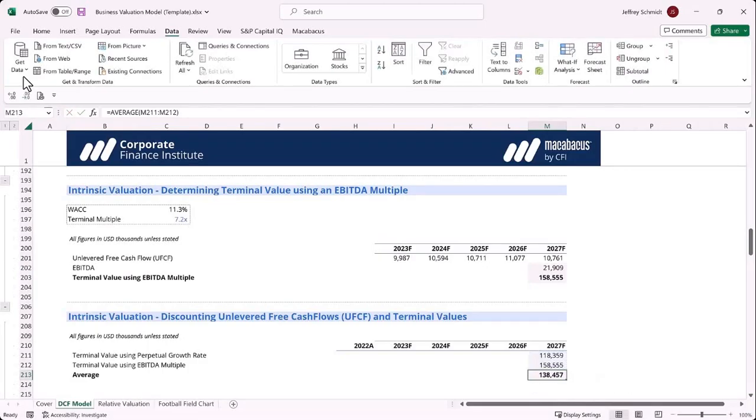And on average, you see it's about $138.5 million. Okay. Now, you may or may not see this averaging in practice. A lot of firms will average terminal values. Others are steadfast against it. In this case, we're just going to go ahead and average the two.